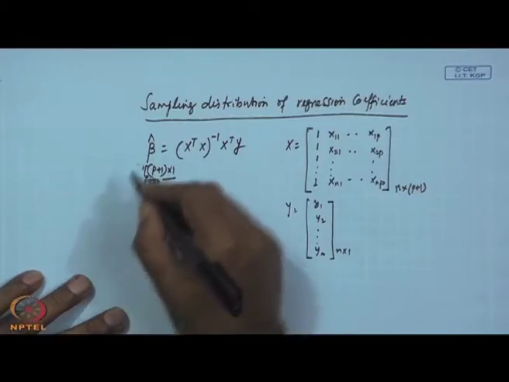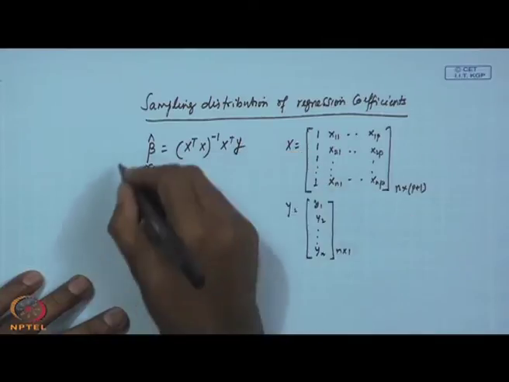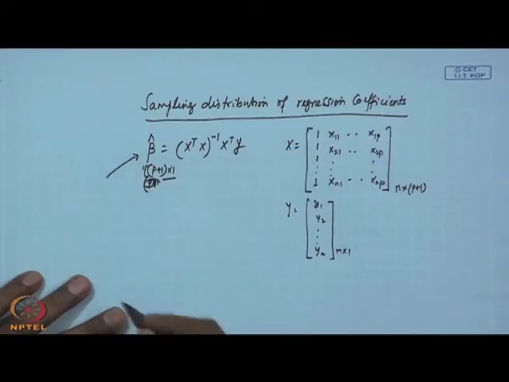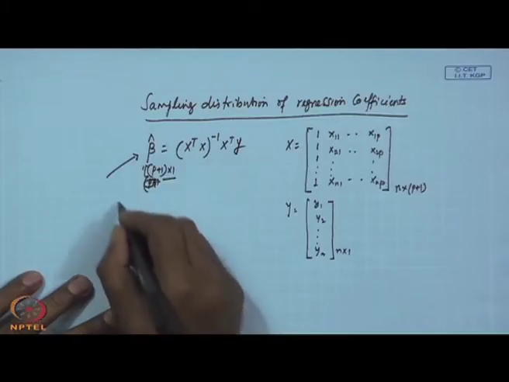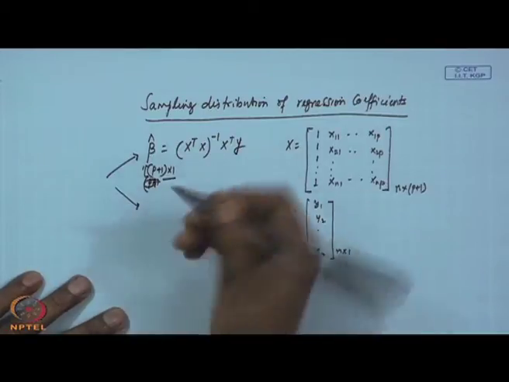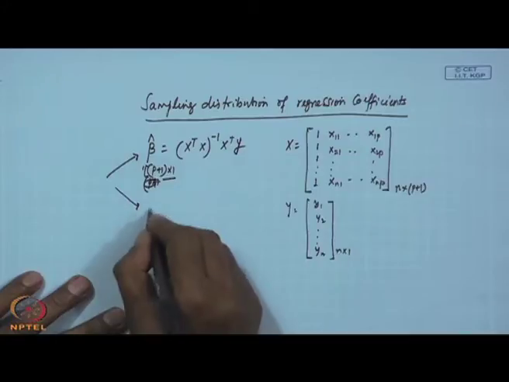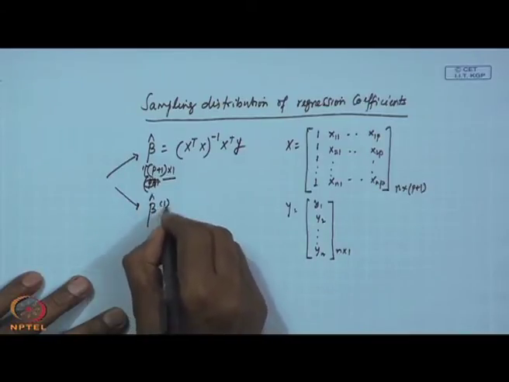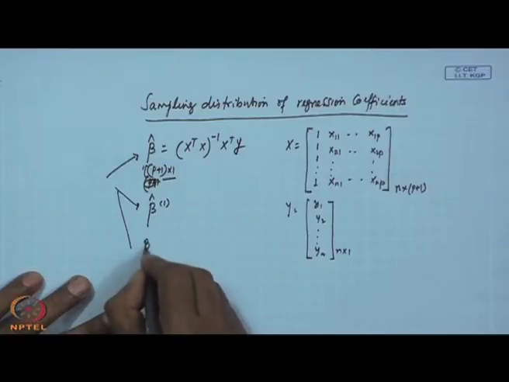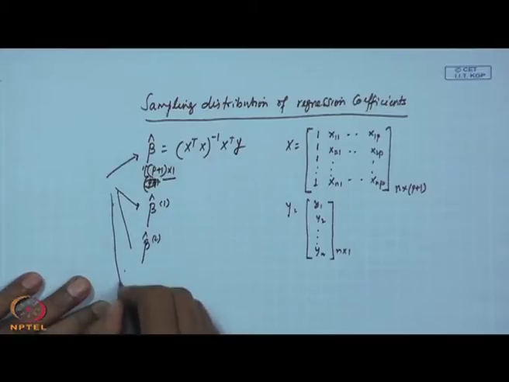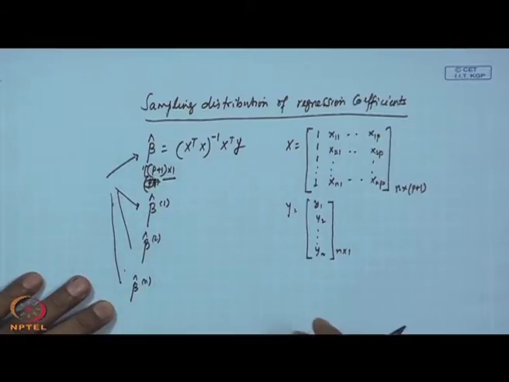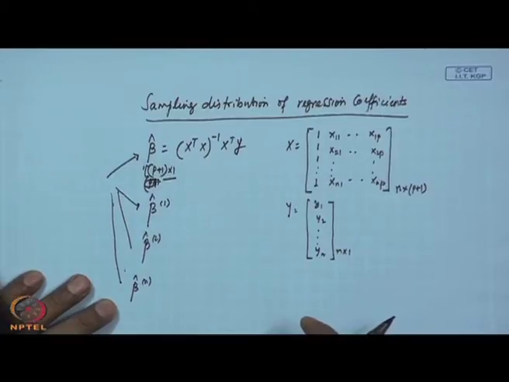So, if you collect one sample, you get some value for beta cap. If you go for another sample, your beta cap will be different. For example, sample 1 beta cap may be one value, sample 2 beta cap may be another. Like this, if you go for n samples, you will be getting a series of beta cap values.